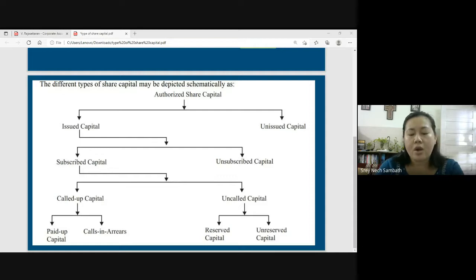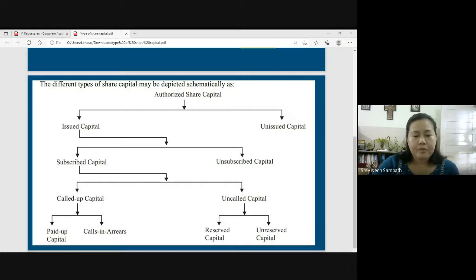So if all the called up capital has been received, then the paid up capital will be at par, or equal to the called up capital. And the part of called up capital which has not been received, for example if it's not fully paid up, then the remaining amount that has not been received is known as the calls in arrear. Okay, calls in arrears.